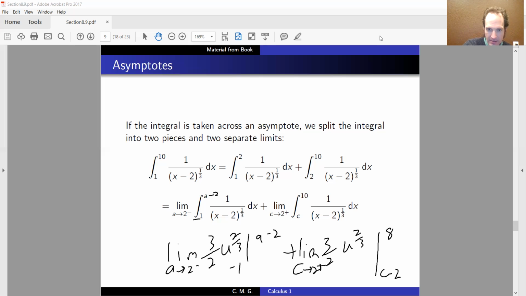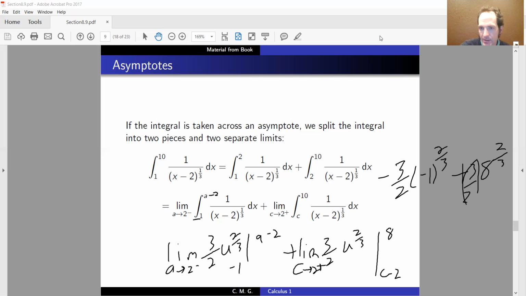And so I'm looking at 2 different values here. It's going to be -3/2 times (-1) to the 2/3, plus 3/2 times 8 to the 2/3. Okay, so that's going to give me what I need.